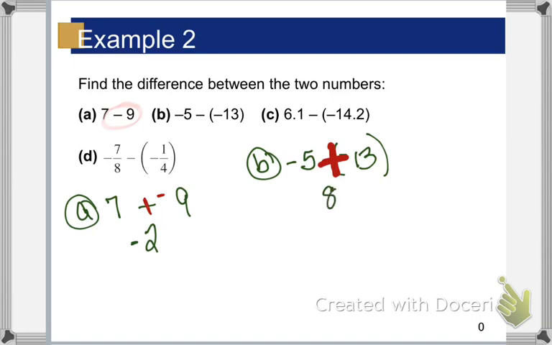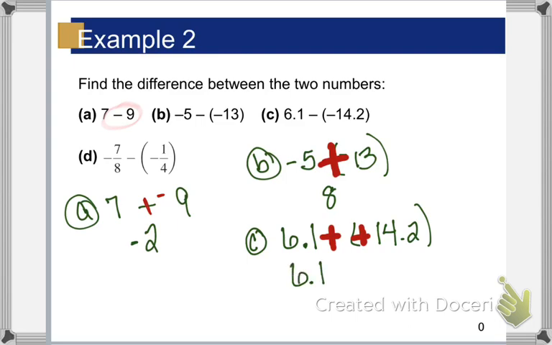Okay? Now C. C is 6.1 minus negative 14.2. So again, I've got this double negative, so I add its opposite. So I have 6.1 plus 14.2.